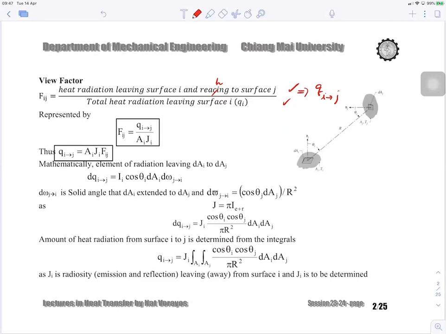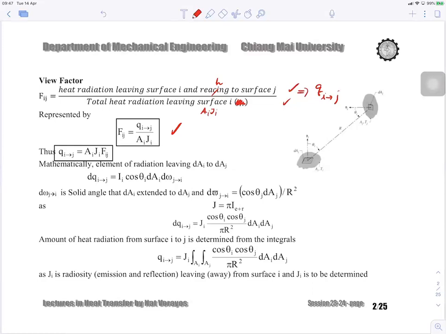The total heat radiation leaving the surface at this point is Ai Ji. This is wrong, we're not going to talk about Qi yet. Okay, and then substituting Qij and Ai Ji into Fij, we get this equation.